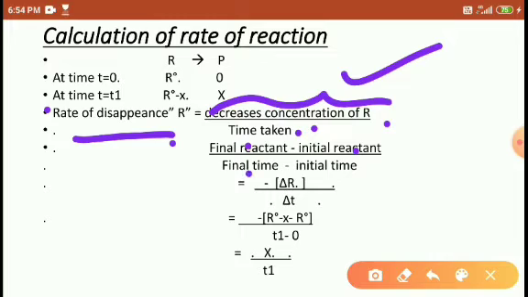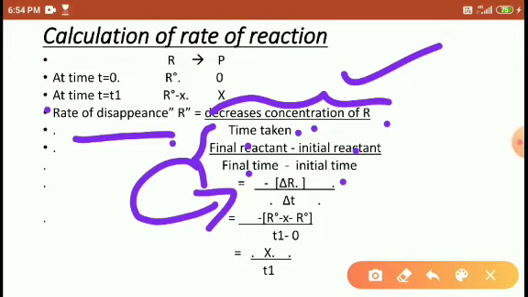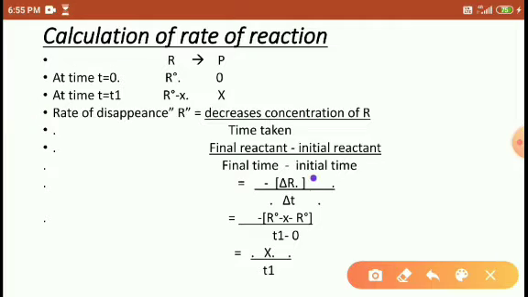Time taken means final time minus initial time. Or this is symbolically represented as minus delta R by delta t. Right students? Minus delta R by delta t. So delta R is the change in concentration or decrease in concentration, and delta t is the change in time, that is final time minus initial time.